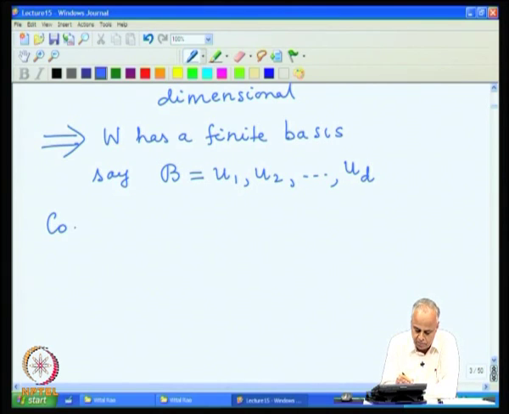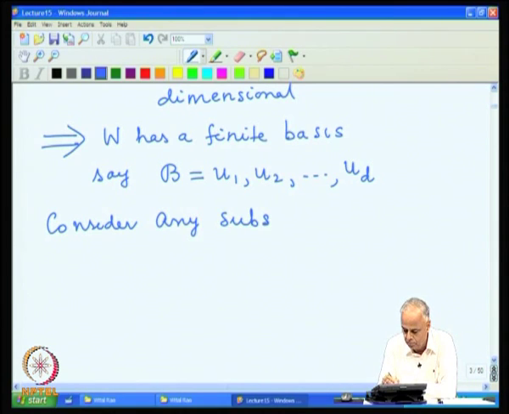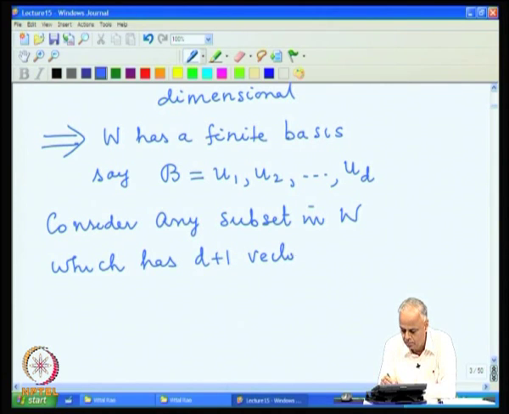Now, consider any subset B1 in W which has d plus 1 vectors. Let us call it B1 to be v1, v2 and so on vd, vd plus 1.